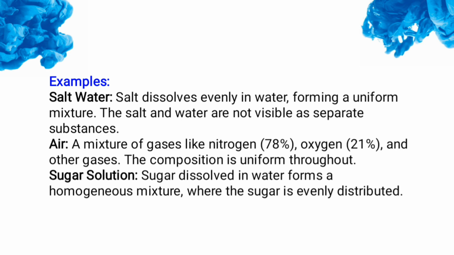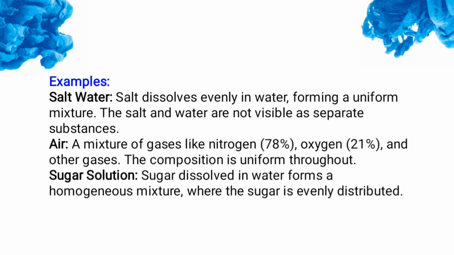Examples of homogeneous mixtures: salt water. Salt dissolves evenly in water, forming a uniform mixture. The salt and water are not visible as separate substances. Air, a mixture of gases like nitrogen 78%, oxygen 21%, and other gases.